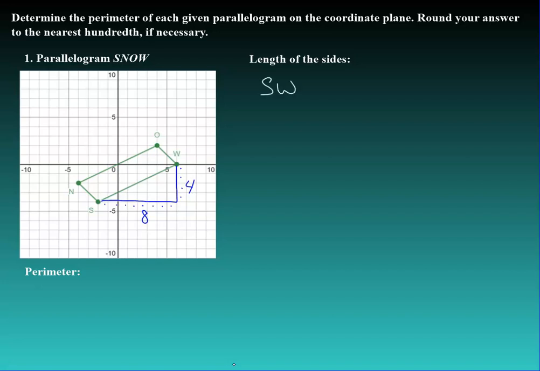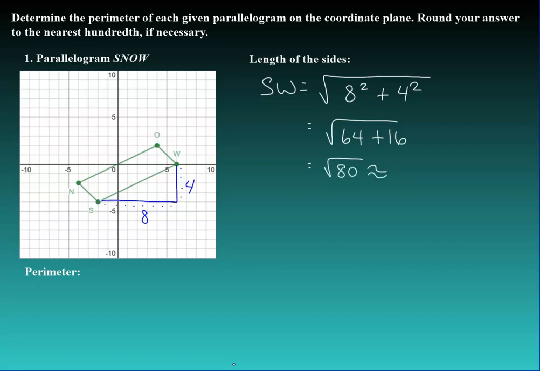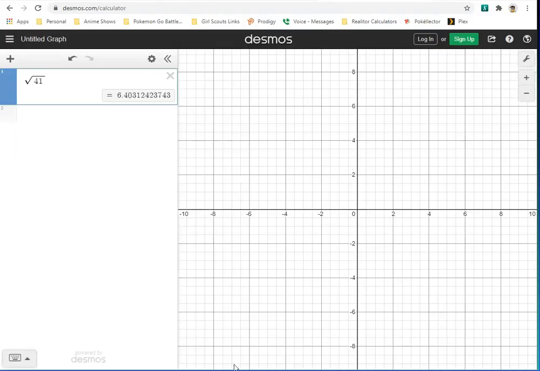So SW is equal to the square root of 8 squared plus 4 squared. 8 squared is 64, 4 squared is 16, and so 64 plus 16 is equal to the square root of 80.